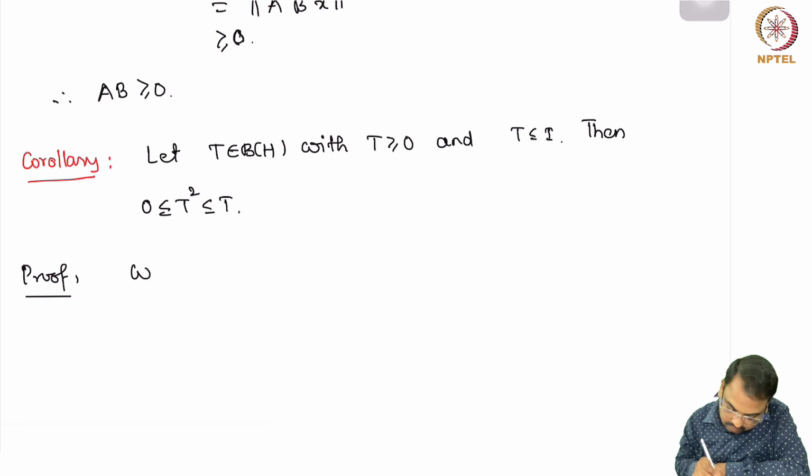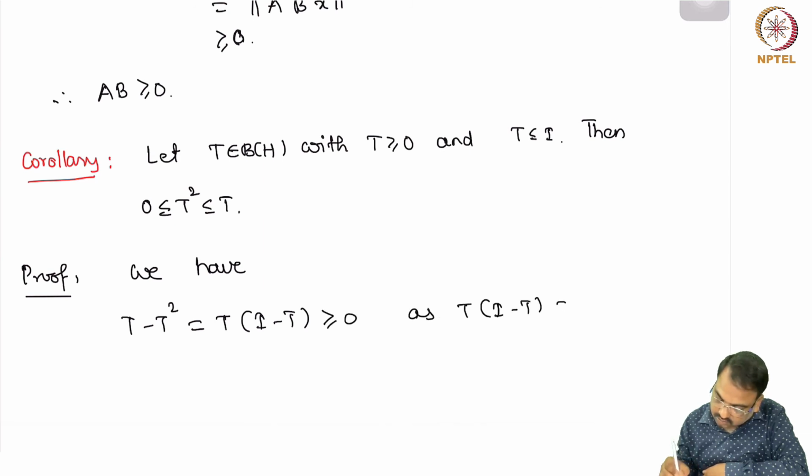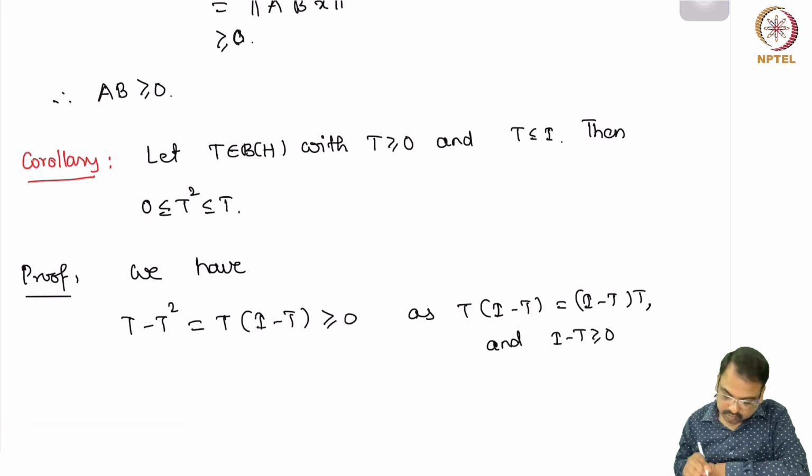So we have T minus T square is nothing but T into I minus T. Now T and I minus T are positive operators, and they also commute, so the product of two commuting positive operators is positive.